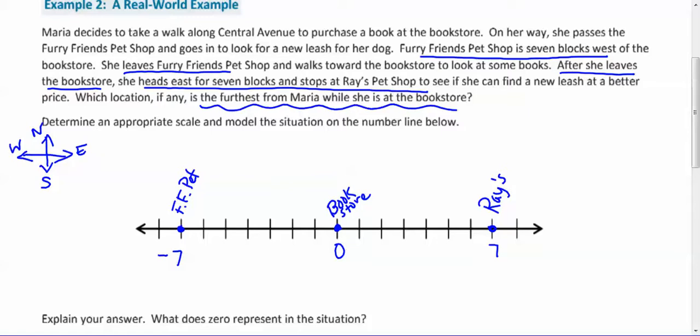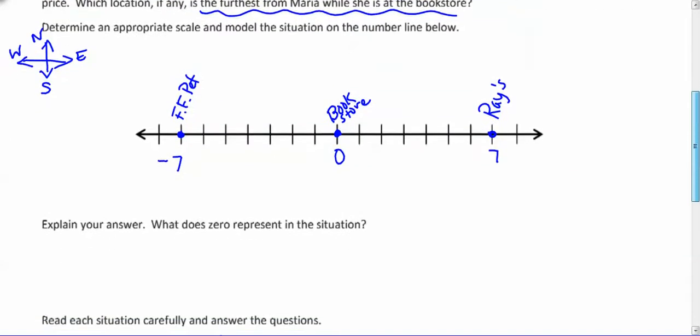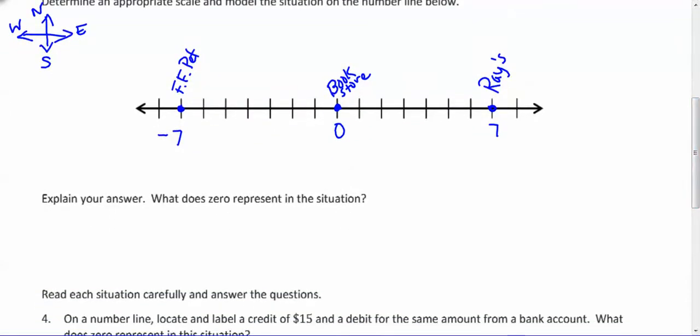So which one is furthest from Maria? Trick question, New York State. You can't fool us. They're the same distance. Nice try. All right, so the answer to this is they are the same distance.